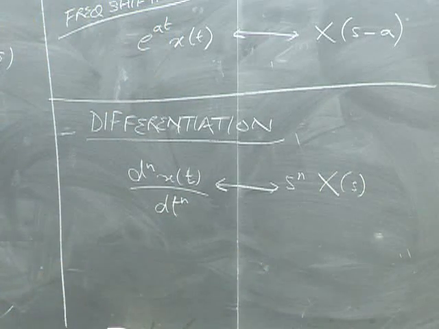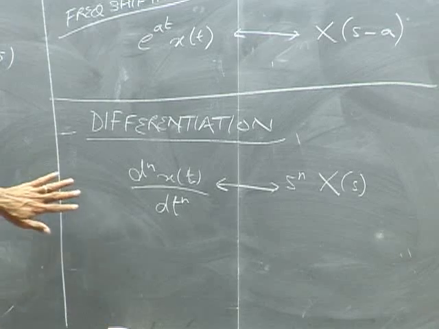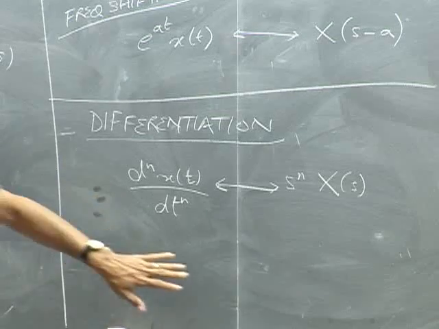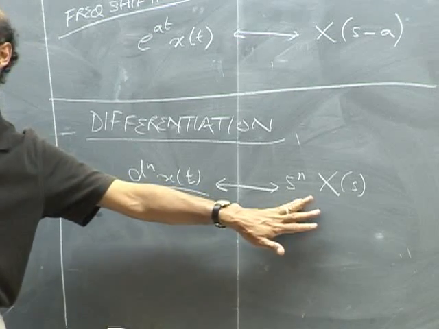Okay, so this is really beautiful, and the reason it's beautiful is because what we're saying is that here is a differential equation in the time domain, and we made it into just a polynomial in s to the n, right?